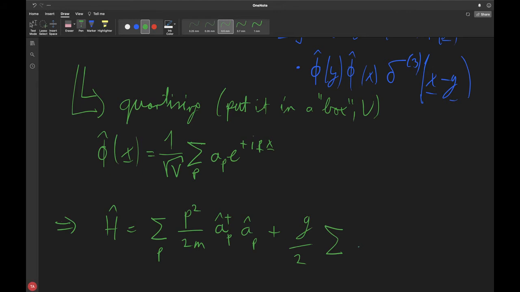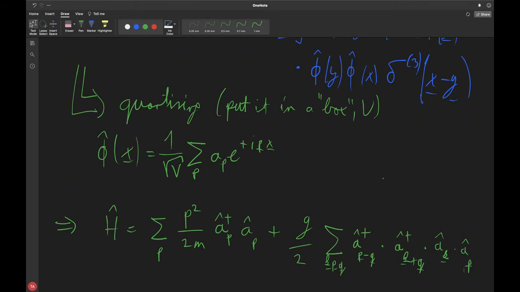And so we have four operators: one a dagger with momentum p minus q, and we have a k plus q with a dagger, and then we have the a k operator with the a p operator. And so we do the sum for all of these k, p, q momentum vectors.